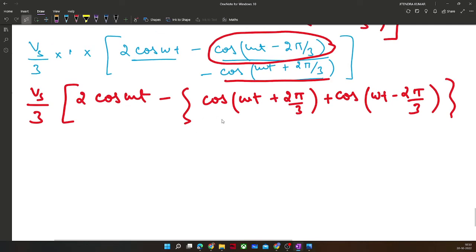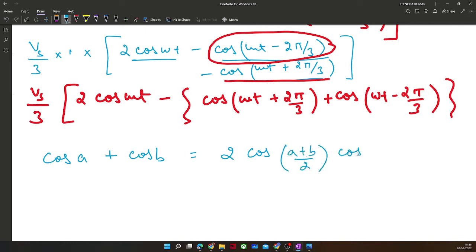Now we all know cos A plus cos B is equal to 2 cos of A plus B by 2 times cos of A minus B by 2.